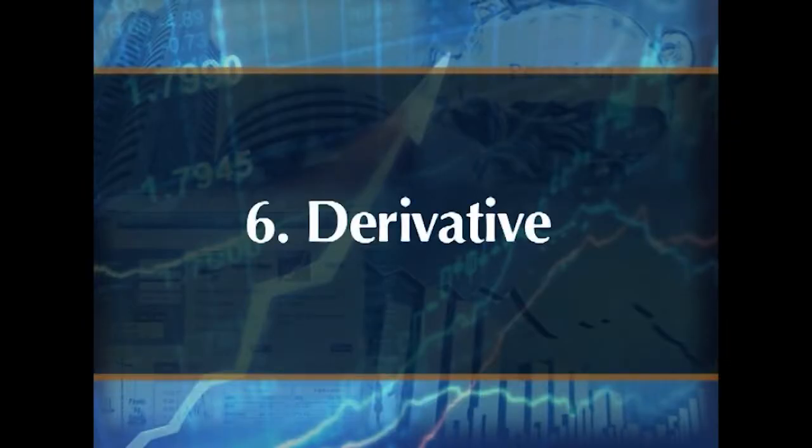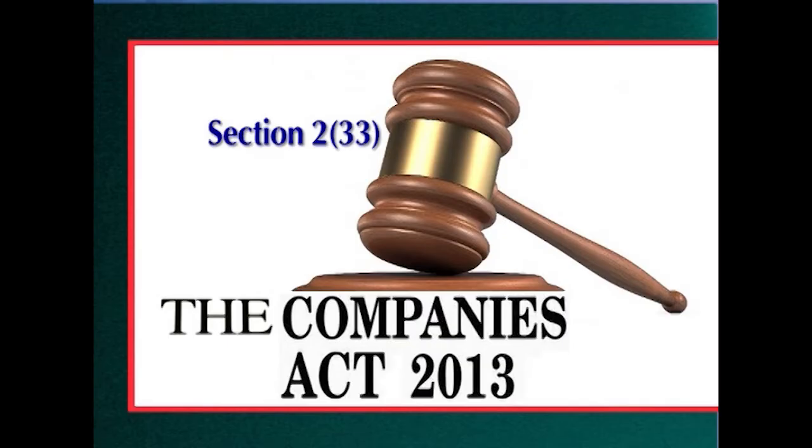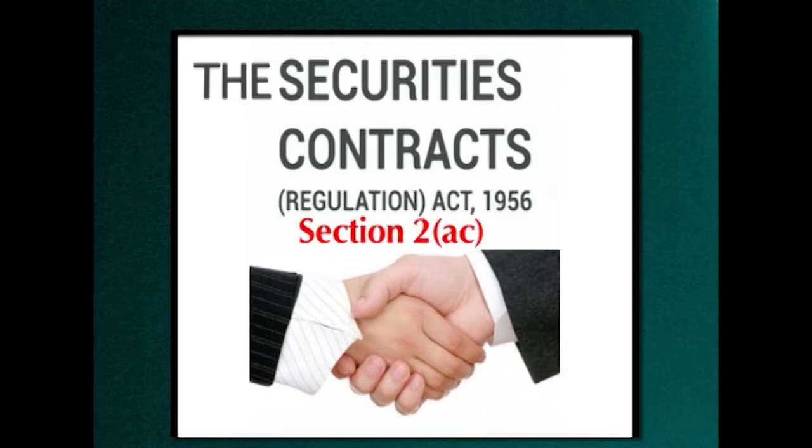6. Derivative. Under subsection 33 to Section 2 of the Companies Act 2013, a derivative is one as defined in Clause AC of Section 2 of the Securities Contracts Regulation Act 1956.